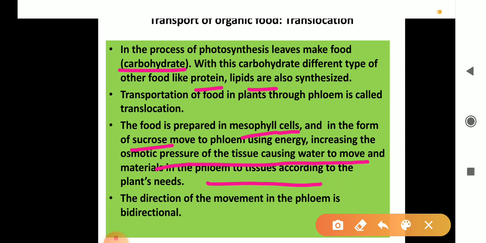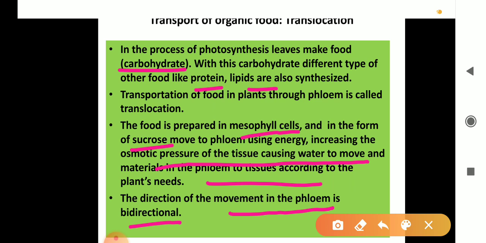And one more thing, the direction of movement in the phloem is bidirectional. Movement of food in the phloem is bidirectional. It is mostly from the leaf to root, stem, and other storage organs, and sometimes when the food is required, for example after autumn when the tree or plant sheds its leaves, and when the leaves come again, sprouting will take place.